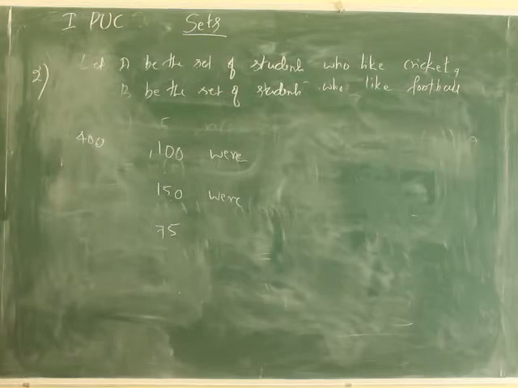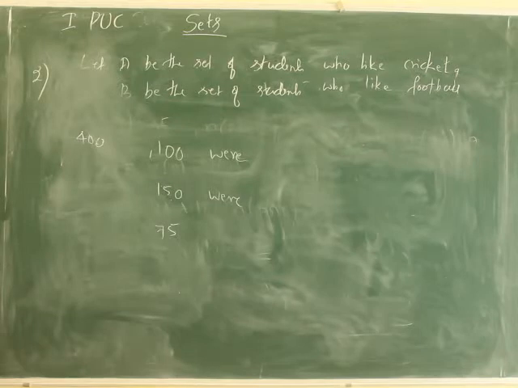So first, what is that value 400? And 100, 150 and 75? 100 is taking apple juice, 150 is taking orange juice, and 75 both means intersection. But is 400 the value of the union?